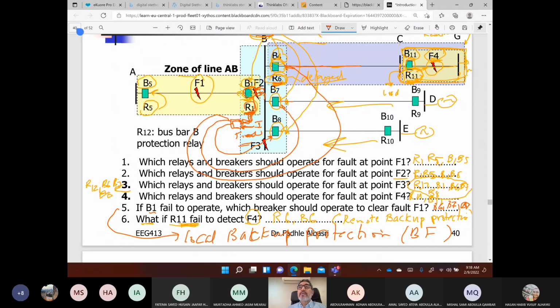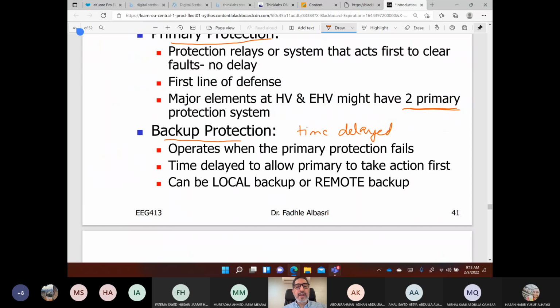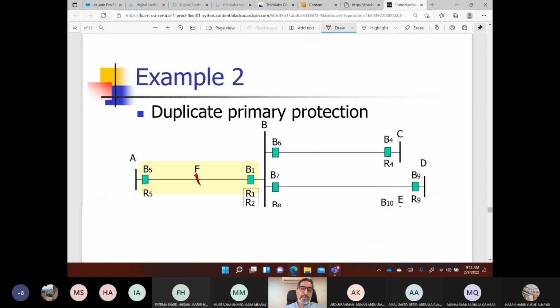Opening breakers at the bus bar, you will lose a lot of things. You don't want to take this action for just any fault, unless it is necessary to clear that fault. So it's normally time delayed and can be either local backup protection or remote backup protection, as I explained in the two examples above.